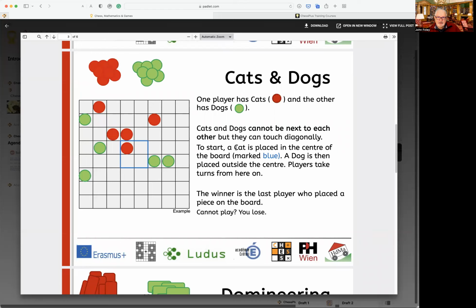And the thing about Cats and Dogs, this is one of the games that we studied the children playing. And what we were studying in particular was how they formulate strategy. So it's all very well knowing the rules of a game, but the critical thing for any game is how do you win? Given the rules, how do you win? So a lot of people say, oh, I know how to play chess, or rather they correct themselves, I know how to move the pieces.